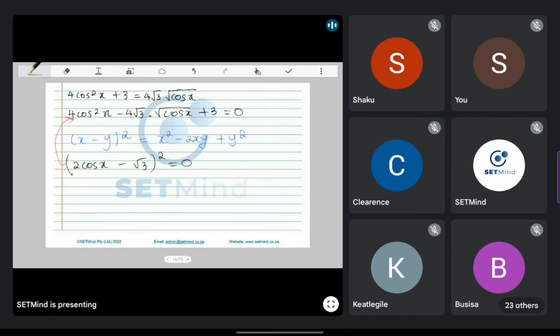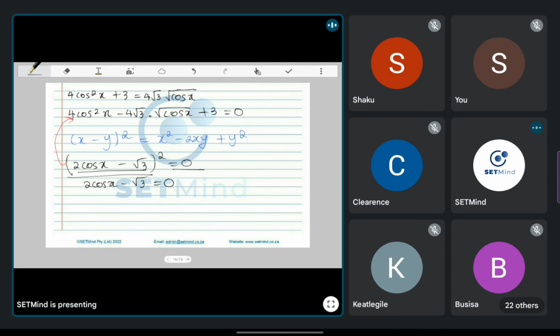So obviously for this expression to be 0, what is inside must be 0. So basically 2 cos x minus... Second, when you expand the expression that you have written, 2 cos x minus square root of 3, are we going to be able to get square root of cos x in the middle?